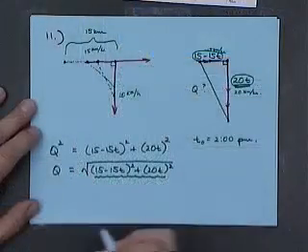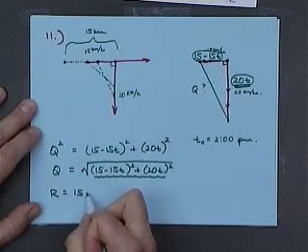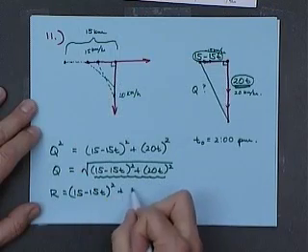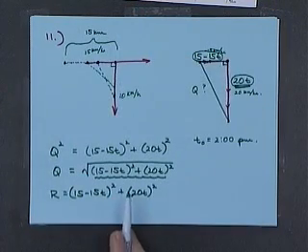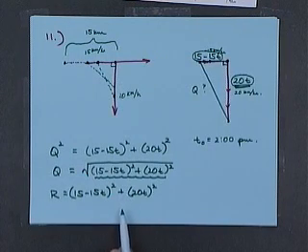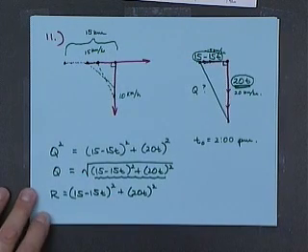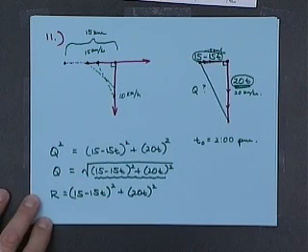So let's call it something else, r. r is the quantity that we want to make sure is as small as possible. We want to minimize the distance, therefore we need to minimize what's under the radical. Is that all right?